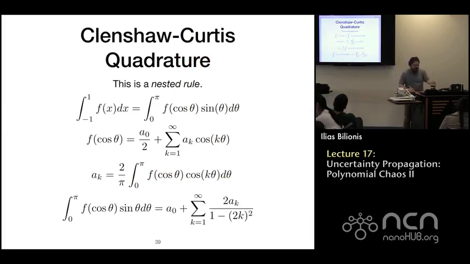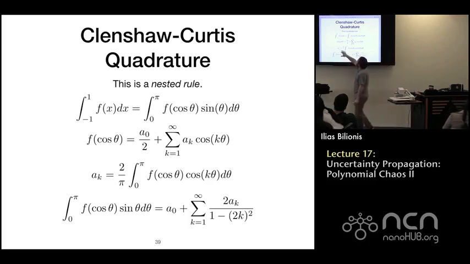All right, so to overcome this difficulty, obviously what we really want is a set of quadrature rules that are nested. And the most famous nested rule is the Clenshaw-Curtis quadrature rule. And I'll just guide you through the derivation without really doing it, okay?